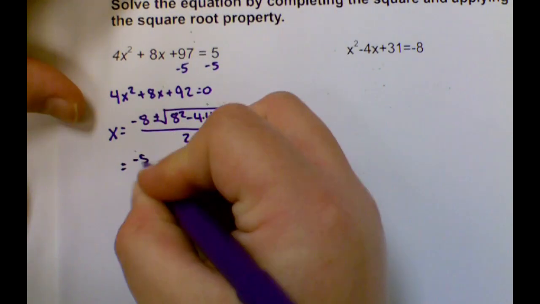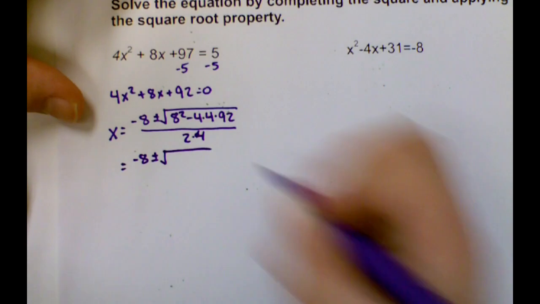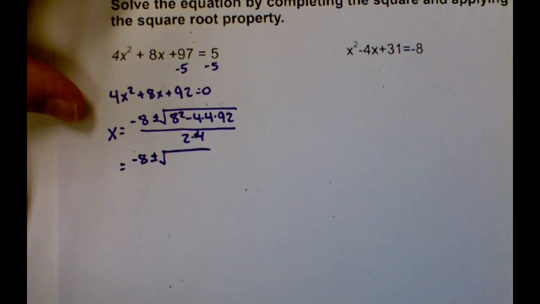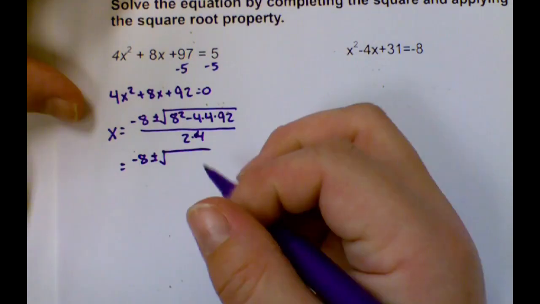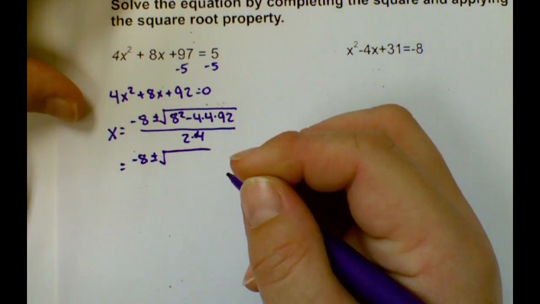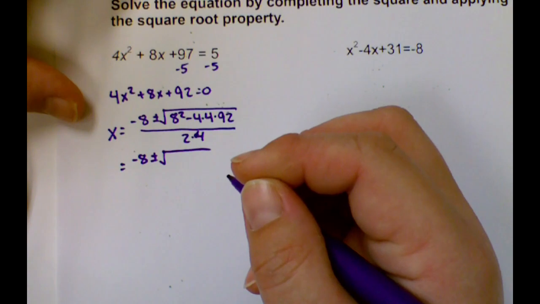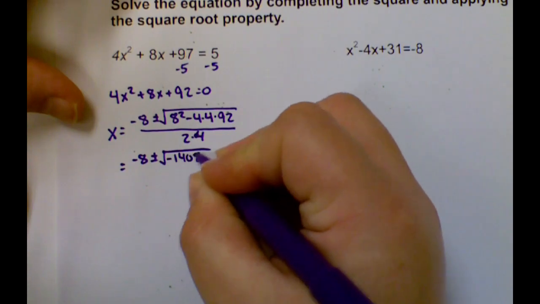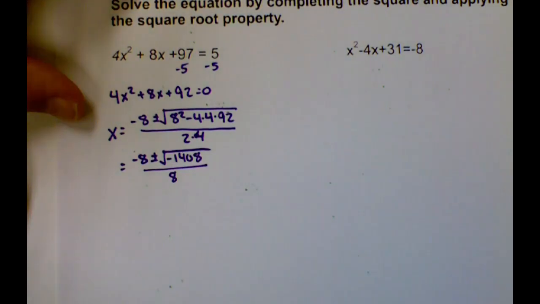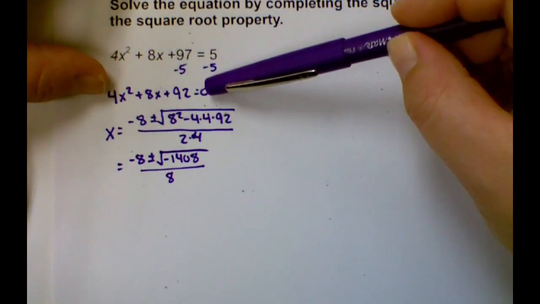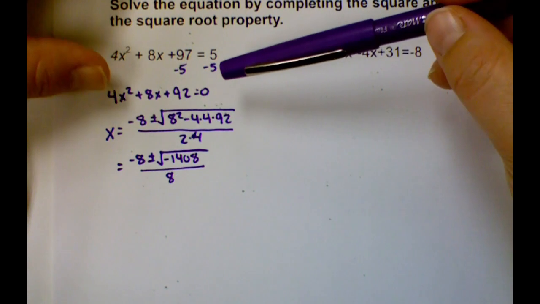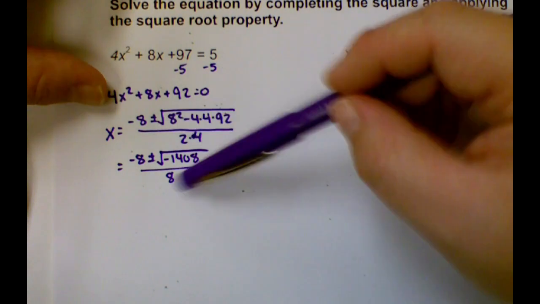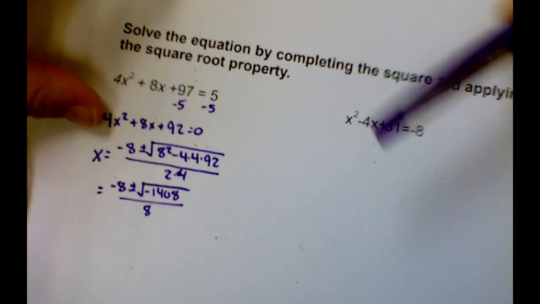Simplify a little, I get negative 8 plus or minus the square root of, let's just see, 8 squared minus 4 times 92, negative 1,408, all over 8. Now, one thing that I would probably recommend, I actually factored a 4 out originally when I did this before, and then I have smaller numbers to work with in here. But we're going to make this work.